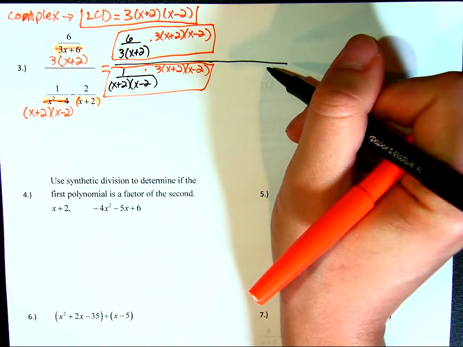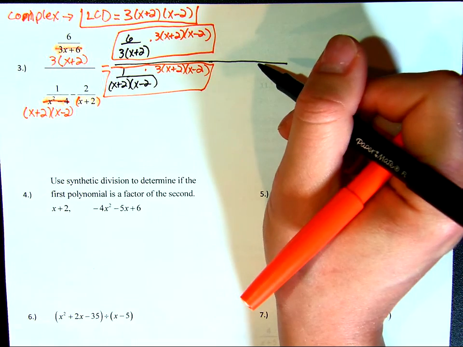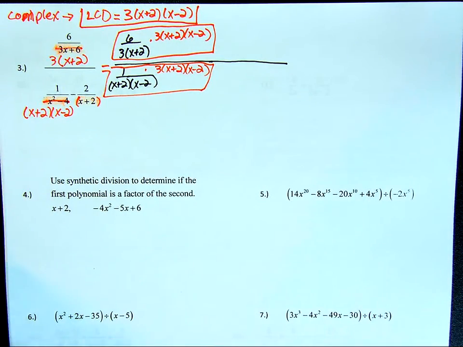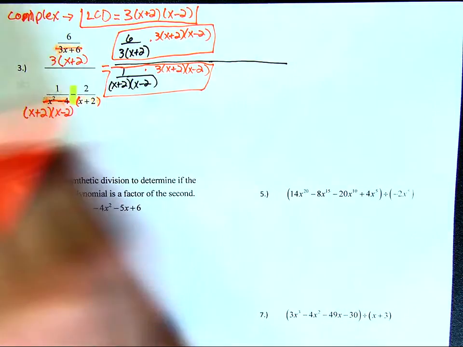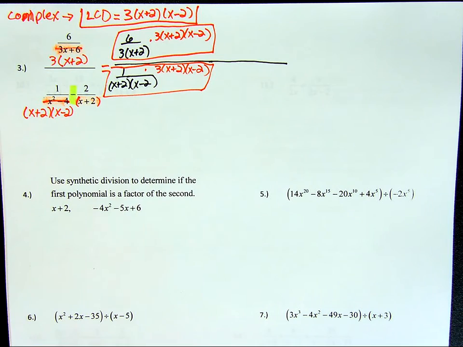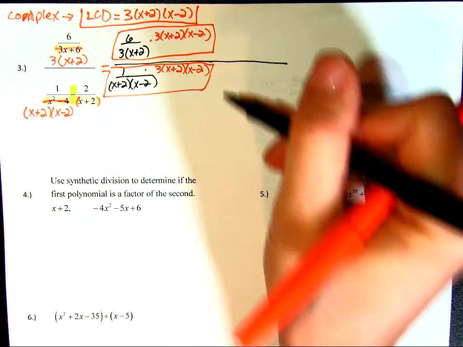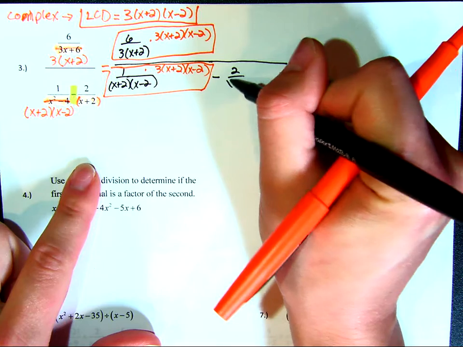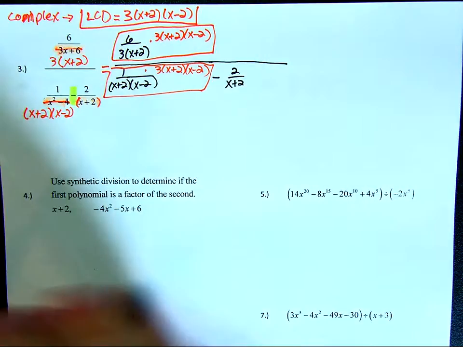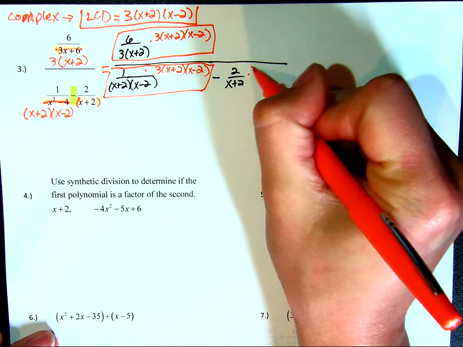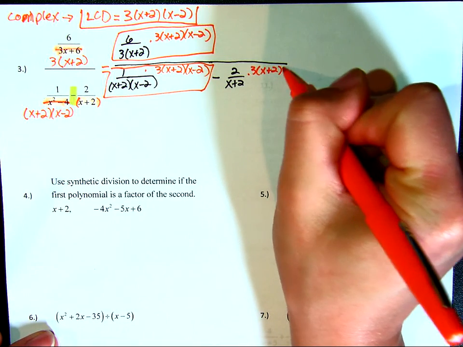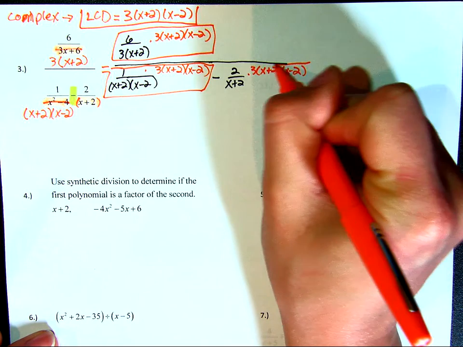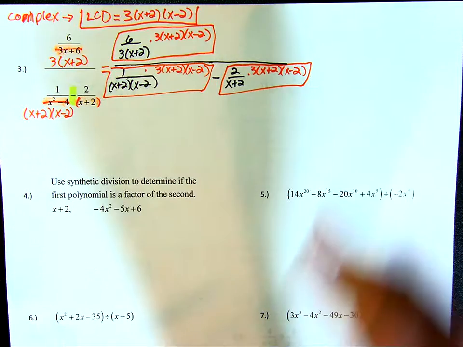And then don't forget that this time there is a minus sign here, so be very careful to make sure that you bring the minus sign, because remember those tricky minus signs as we do these. So minus 2 over x plus 2, and we multiply that by our LCD, which was 3, x plus 2, x minus 2, and box that one in. And then we can start canceling out things in our boxes, right?